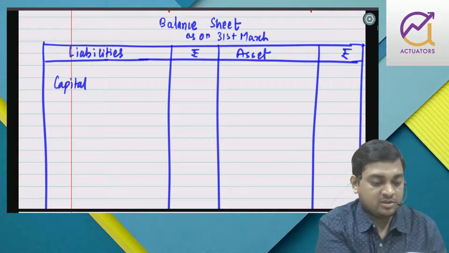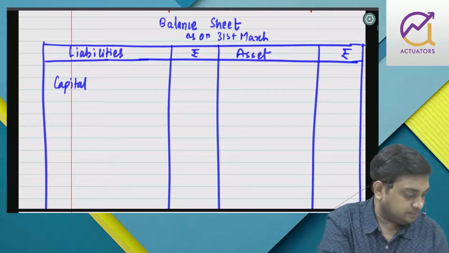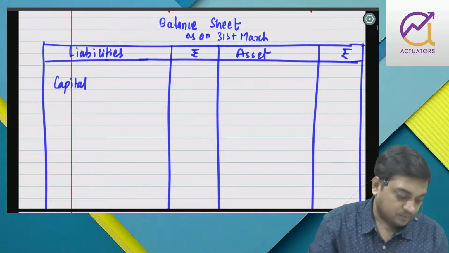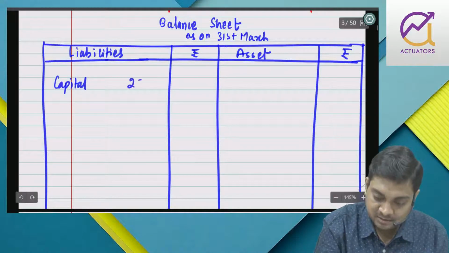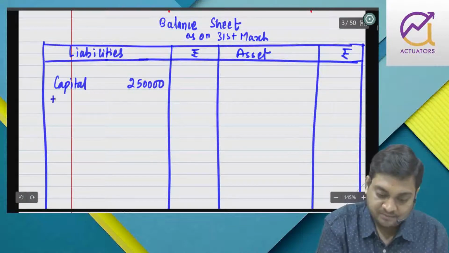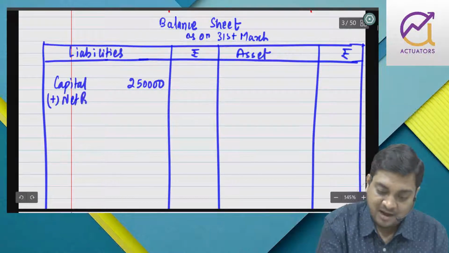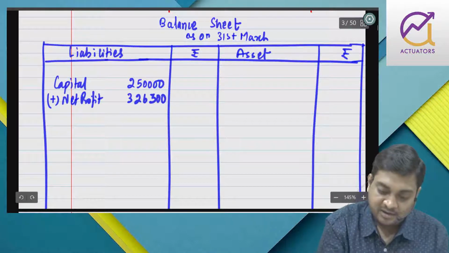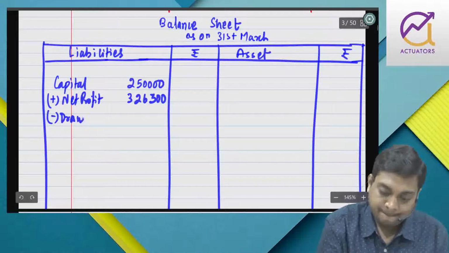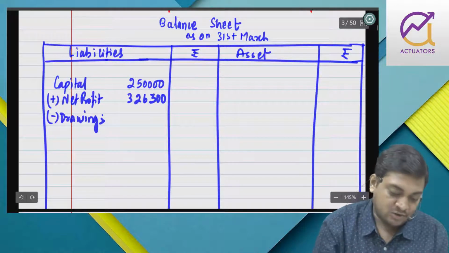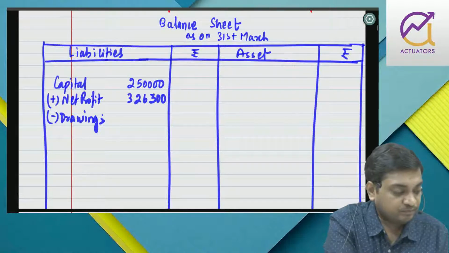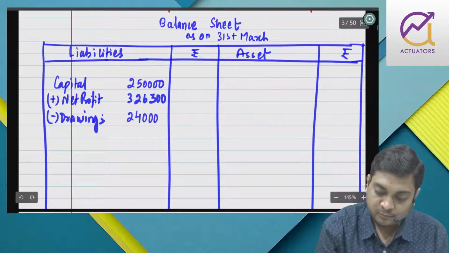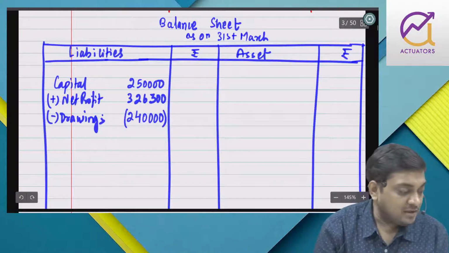So capital they have given how much? So the opening capital is 2,50,000. Add net profit 326,300, minus drawings 2,40,000.